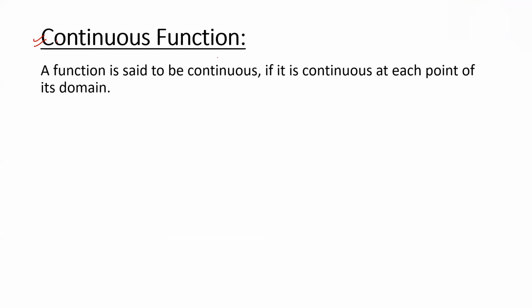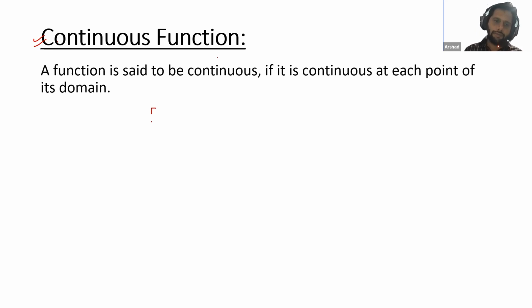Sir, domain. Yeah. So in the last questions, we have checked the continuity at a single point only. If you check all the questions, they ask you to check whether the function is continuous at that particular point or not, while in this topic, we need to check whether the complete function is continuous or not. That means we have to check all its domain.